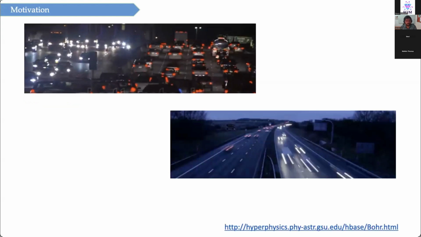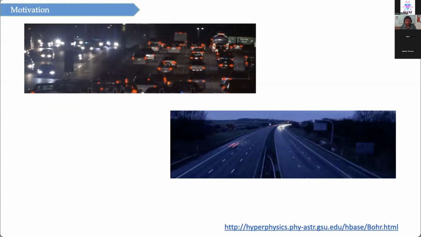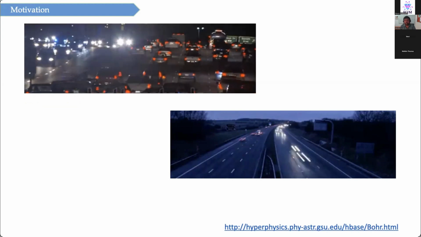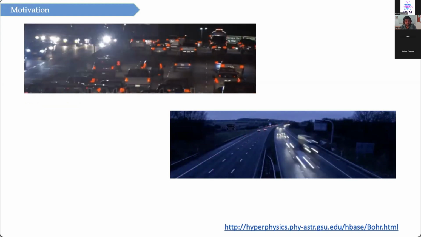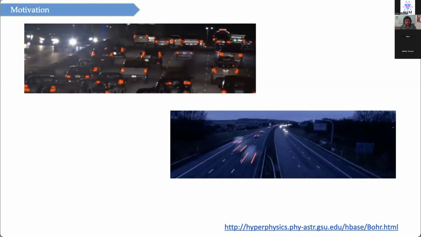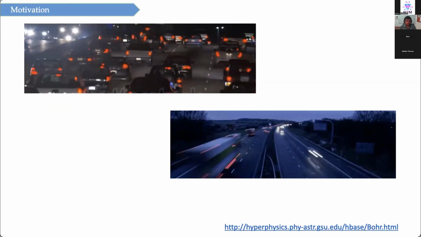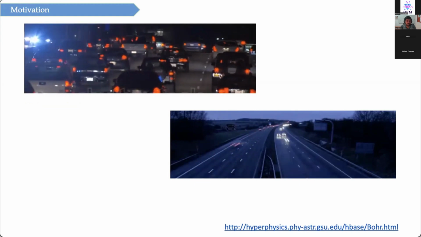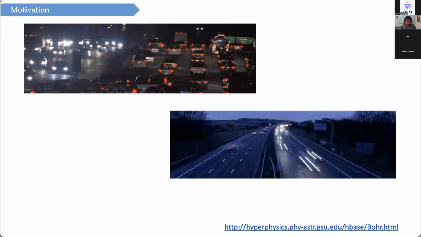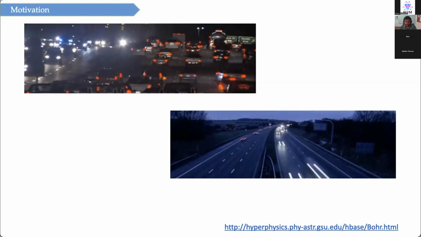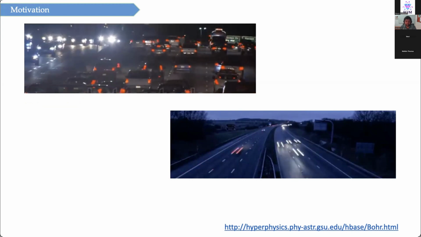So you can see two different videos, one on the left side, one on the right bottom. Here you could see some difference. One could argue that on the left side the traffic is slow, or the vehicles are moving really slowly, and on the right side it's a freeway, and therefore vehicles are speeding faster.